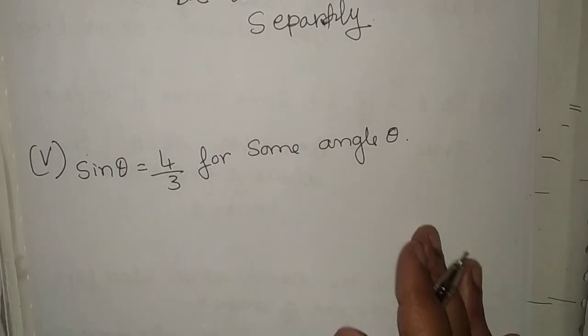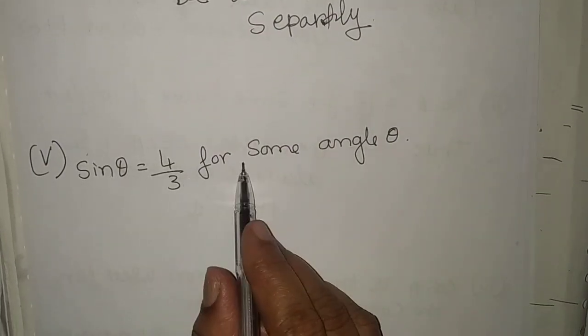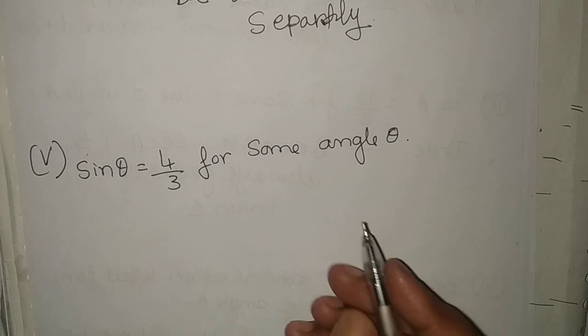The last one is, sine theta is equal to 4 by 3 for some angle theta.